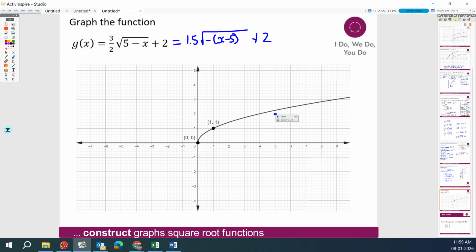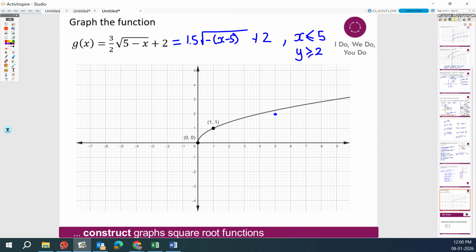It's going to go through here. What's the domain of the function going to be? The domain of the function is going to be x is less than or equal to 5. Perfect. So that means the graph's going up in this direction. What's the range of the function going to be? The range is y is greater than or equal to 2.